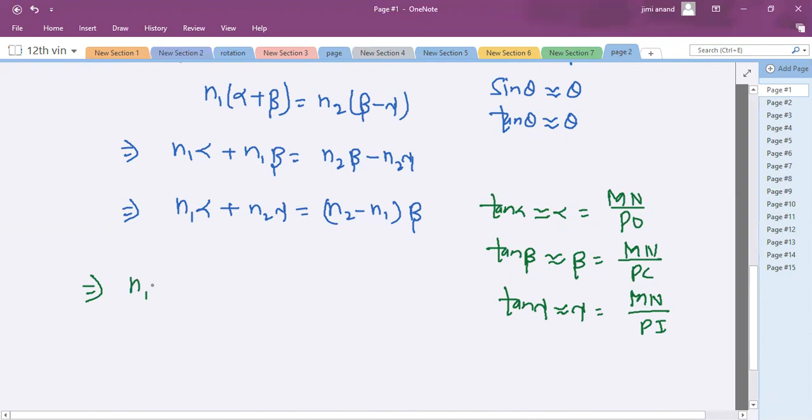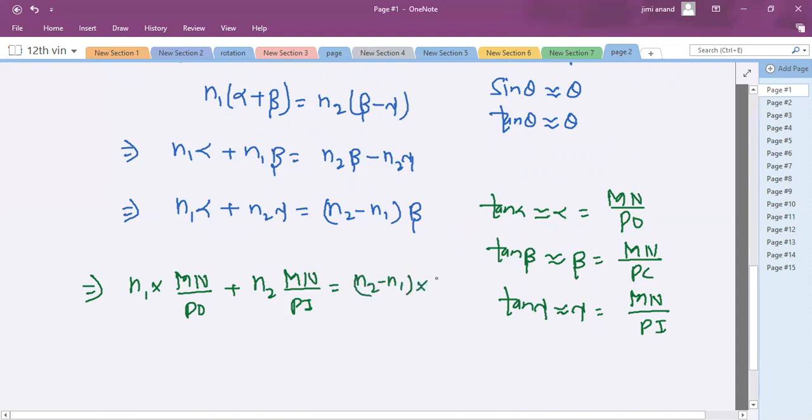This is N1. What is alpha? Alpha is MN divided by PO, plus N2. What is gamma? Gamma is MN divided by PI. What is beta?